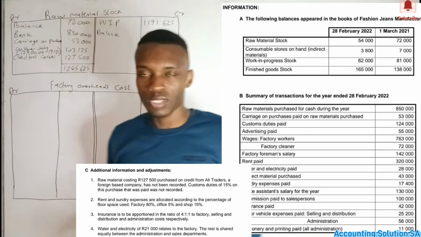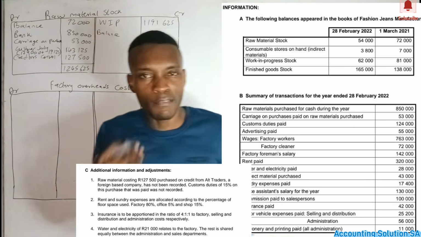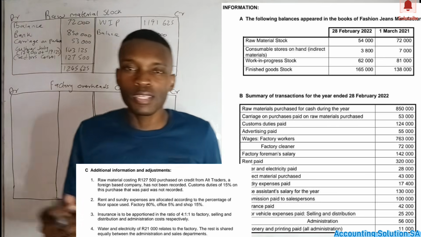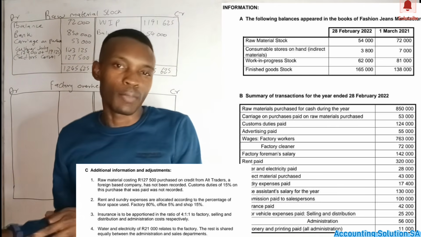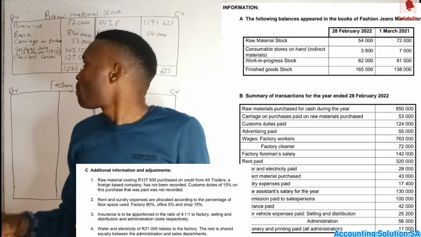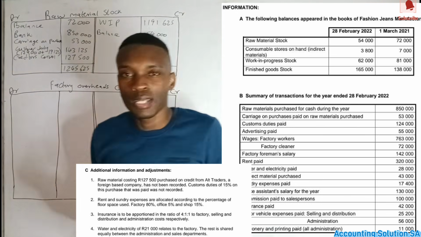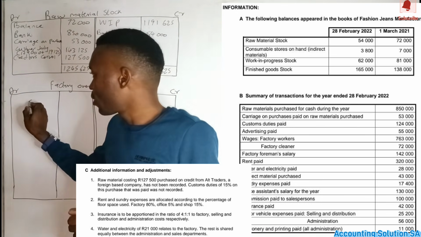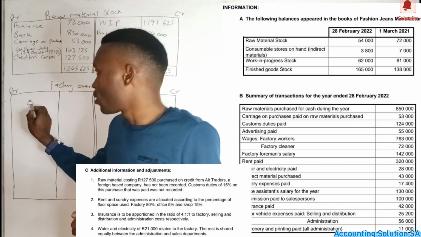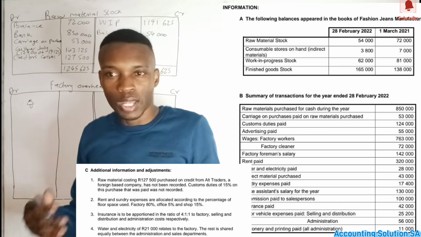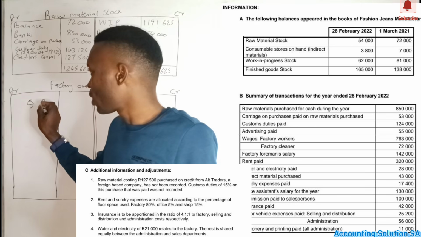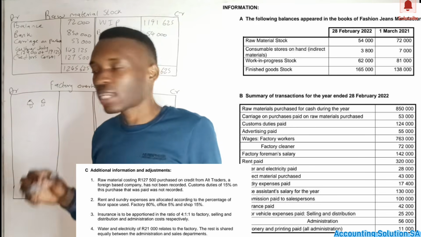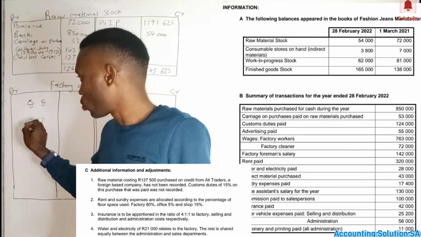Okay, now let's proceed to our factory overhead. Remember factory overhead, I said anything that falls under that building where we are producing our product. Remember, guys, as a business we have an office building, that's where the CEO and all those other admin staff stay, and we also have a team that stays in another building for marketing, and we have a warehouse.